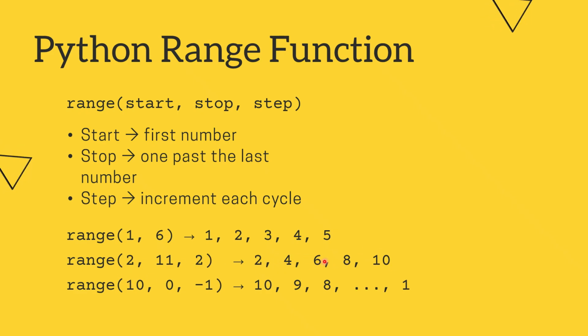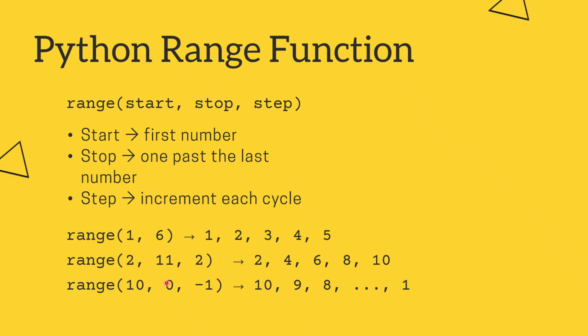If your objective was to print out even numbers, or do something at even numbers, this is how you would do it, by having your step be 2. Now, you can also use a negative step to count backwards. So like in this range here, our start is 10.